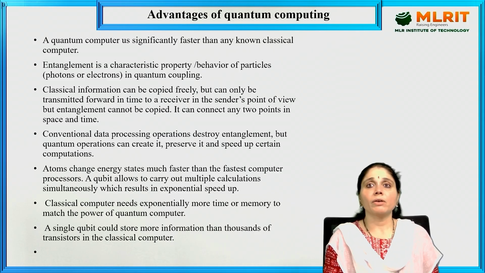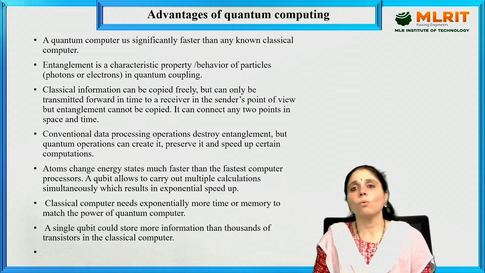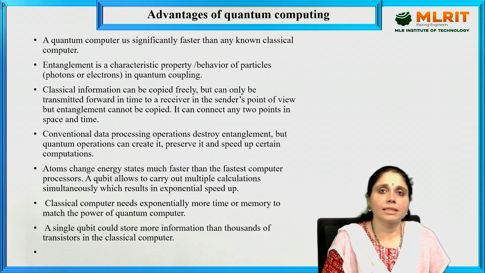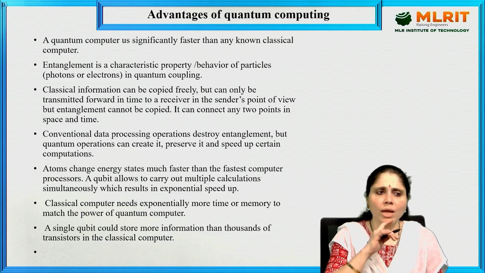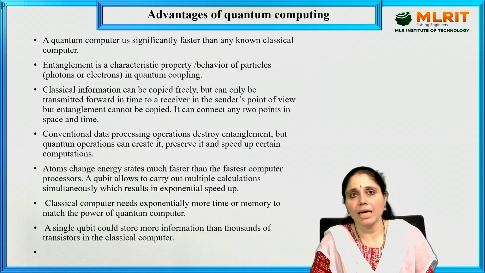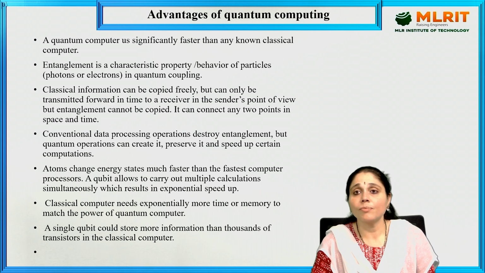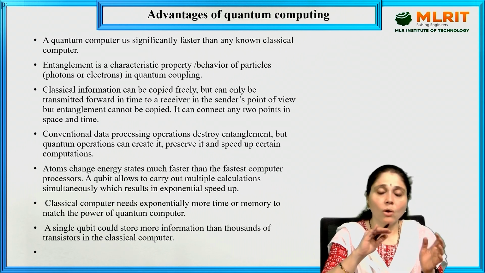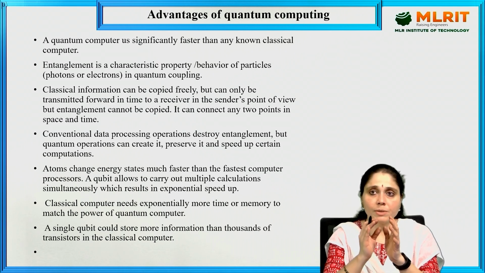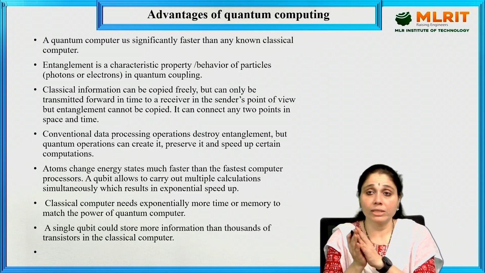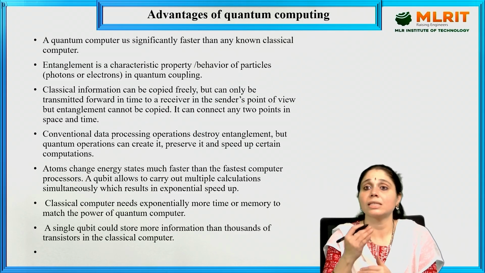It can connect any 2 points in space and time. What is entanglement? We'll see in the next classes. We have already seen entanglement in the previous slide. Without any physical contact, we can specify things. That is called entanglement.